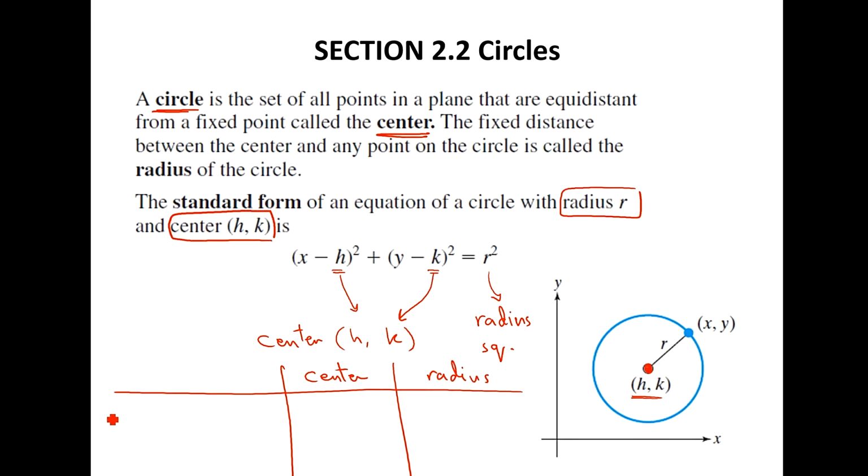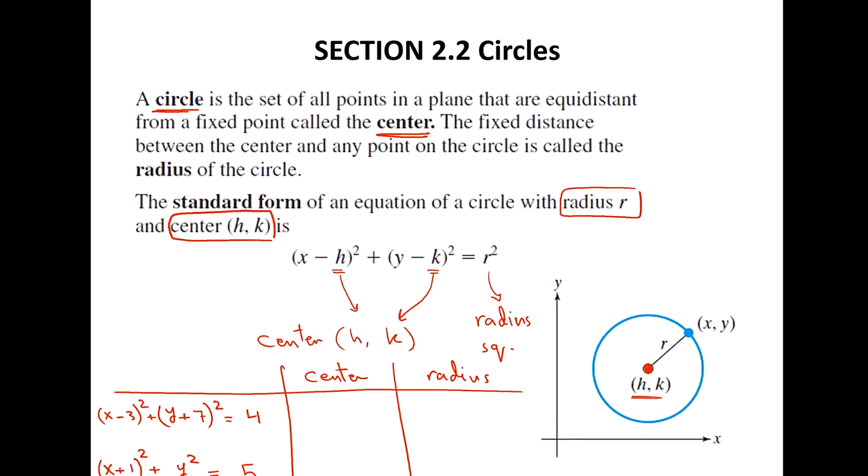The equation x minus 3 square plus y plus 7 square equal 4, and we have maybe x plus 1 square plus y square equal, for example, 5.